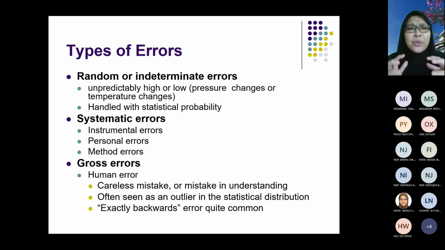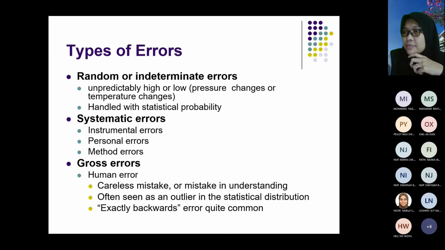So what is the difference between personal error and human error under gross errors? Would anyone like to share if you have an idea what is the difference between personal errors under systematic errors and human error under gross errors?